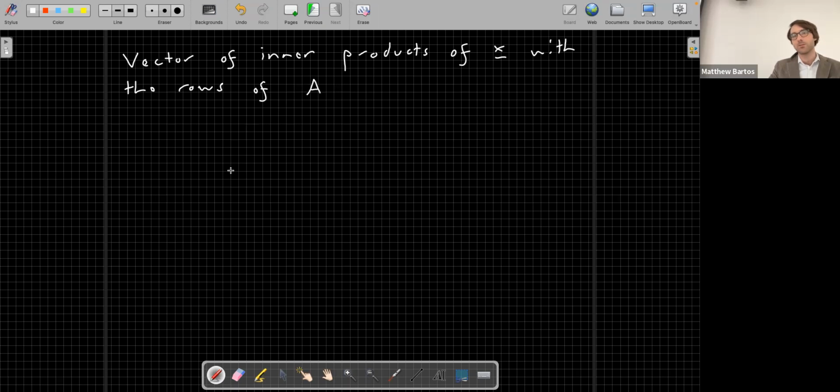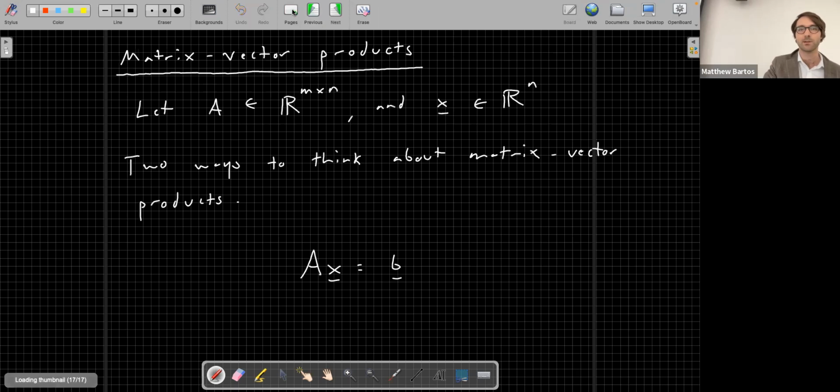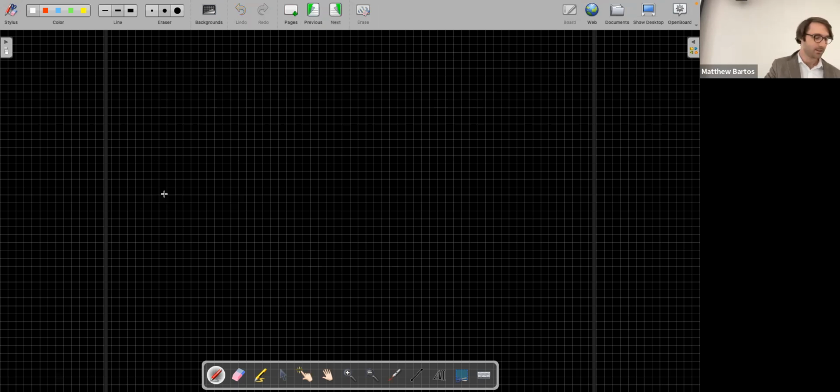Before I get into this, let me do a quick aside on notation. As an aside, when we're talking about vectors and matrices, it's sometimes helpful to use colon notation. This is the same notation used by MATLAB and Python. Let's say we have A as a matrix in R^(M by N).